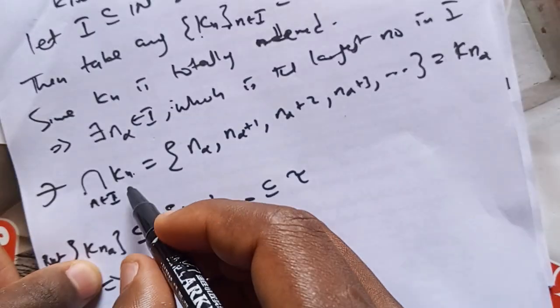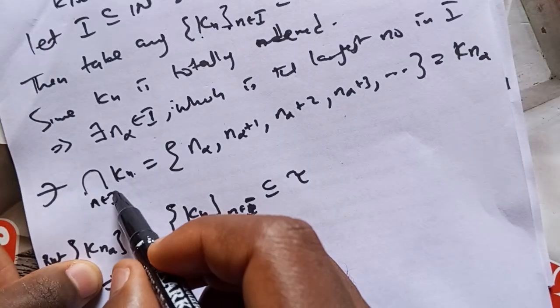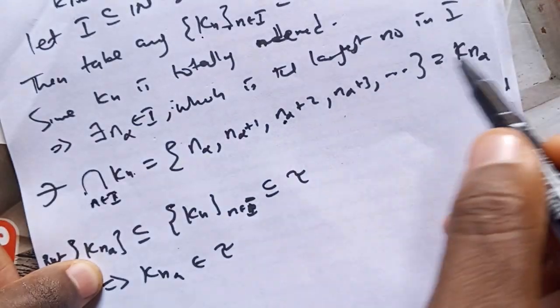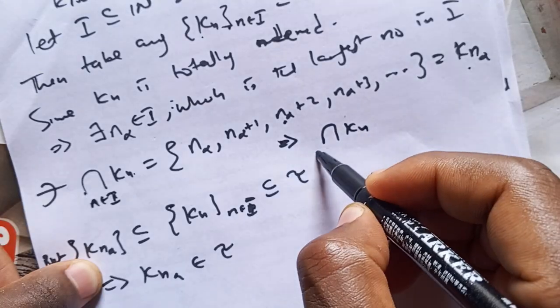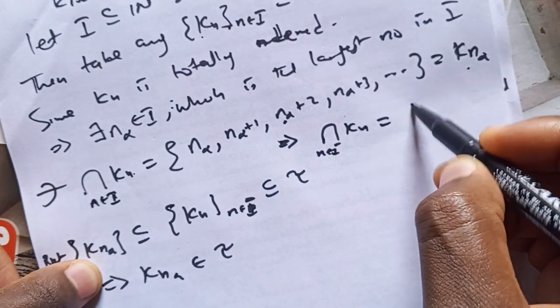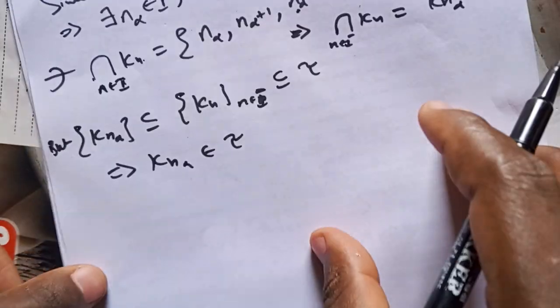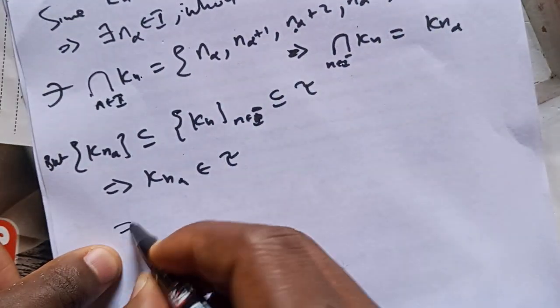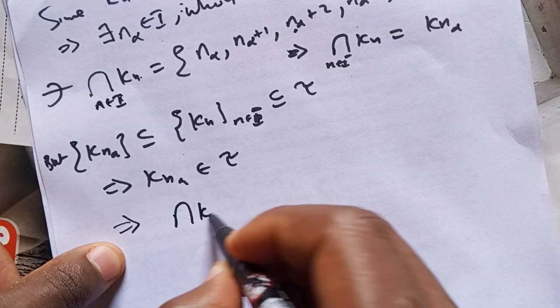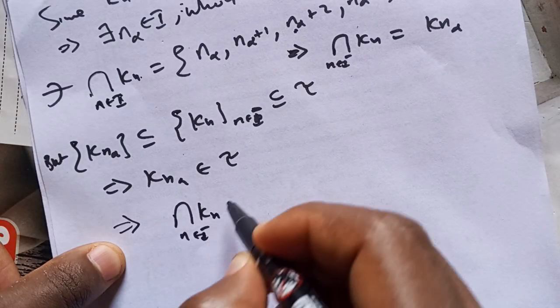Also remember, since this is equal to this and this is equal to this, this intersection of Kn, n in I, is equal to Kn alpha. So if Kn alpha is in tau, this implies that the intersection of Kn, n in I, is in tau.